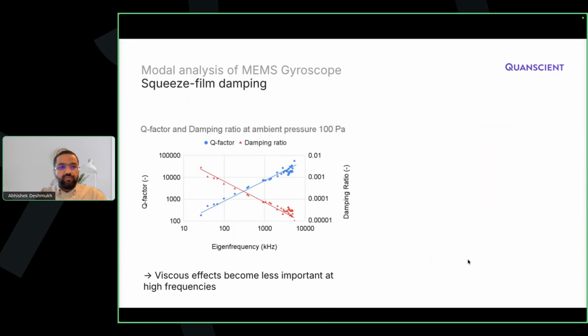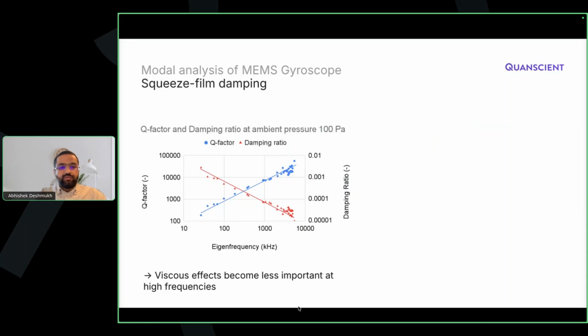We can go a further step in the squeeze film damping to study the impact of different factors. So here, for example, the squeeze film damping essentially models the effect of viscosity, and then the hydrodynamic forces on the gyroscope.